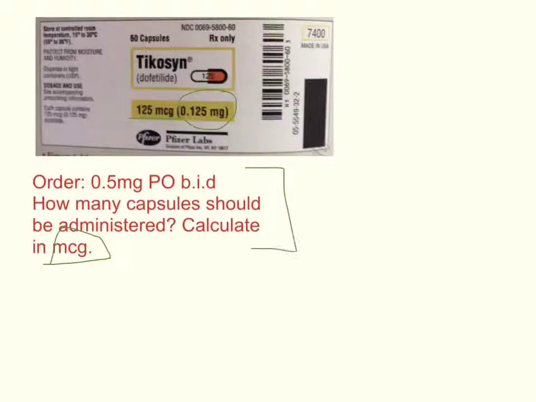So the first thing that I like to do is called taking inventory. And we've discussed this in class. Essentially what that means is from the question given to you, pull out as much information as you have. So the given order that we have is 0.5 milligrams. So we know that's where we want to go. We have also the strength of the tablet as well.